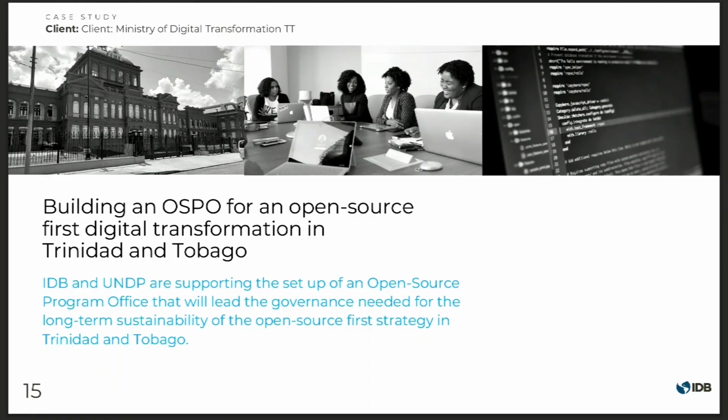So we are designing the OSPO because we also know that if we're planning a scalable, long-term, sustainable, open source first digital transformation, you need to build the governance for it. Let's not do it impromptu. We need to prepare for it, right?